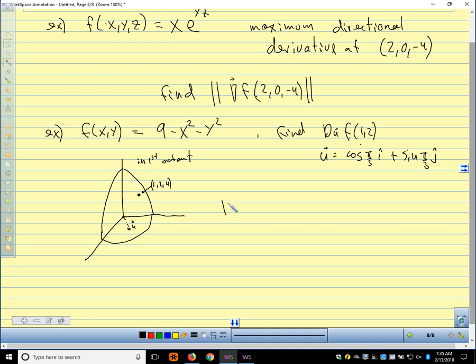Del f is minus 2x i hat minus 2y j hat. And del f dot u is minus 2x cosine pi over 3 minus 2y sine pi over 3.